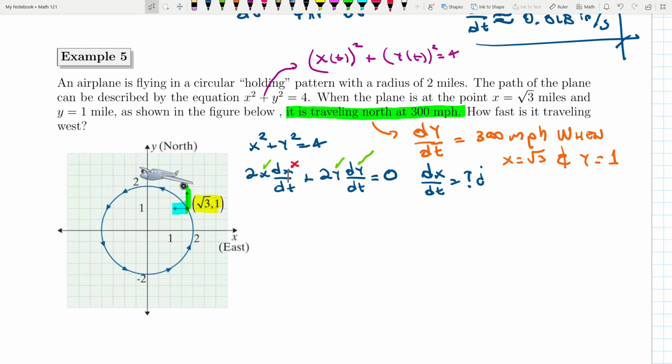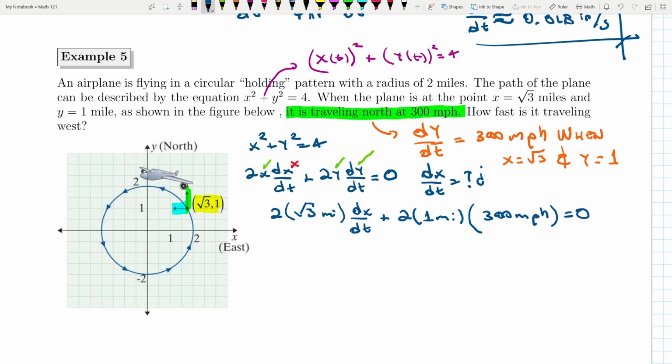So 2 times the value of x, which is square root of 3 miles, let's put the units, times dx/dt, which we don't know, plus 2y, where y equals 1 mile, times dy/dt, which is 300 miles per hour, and that equals 0.